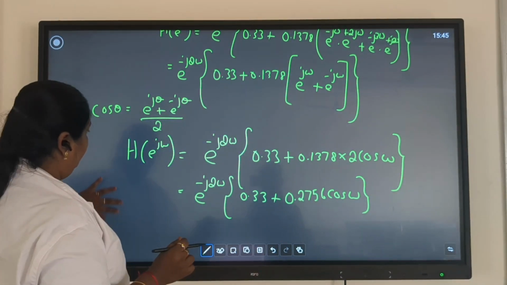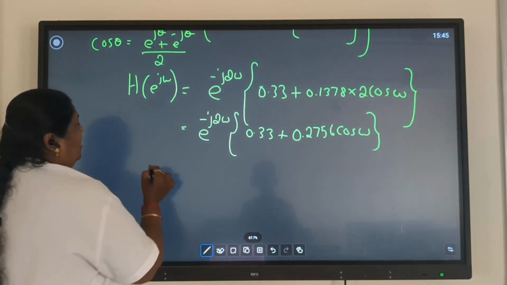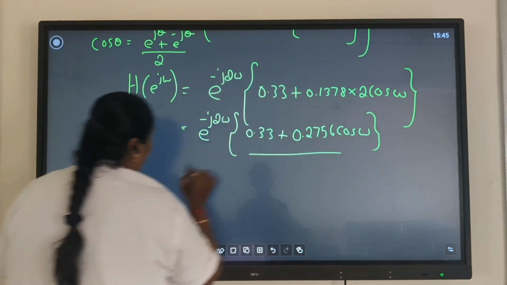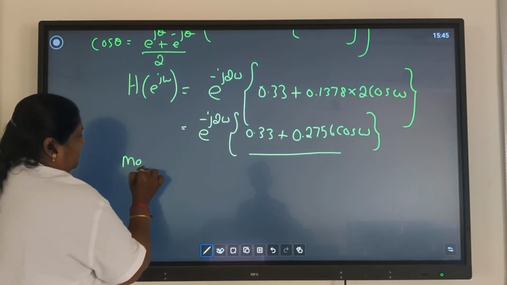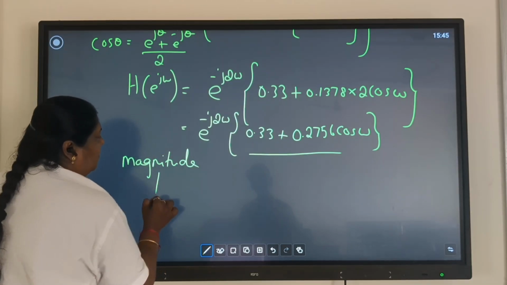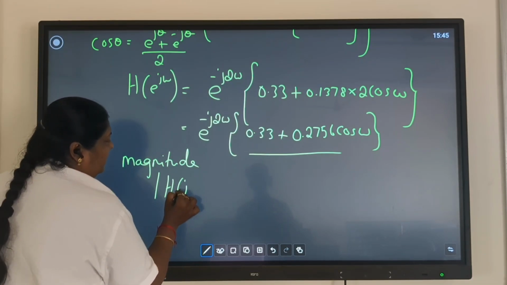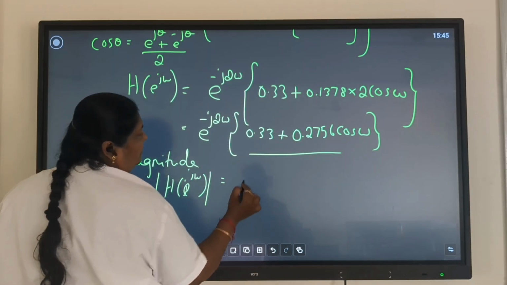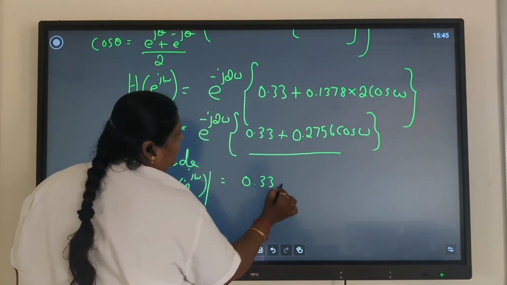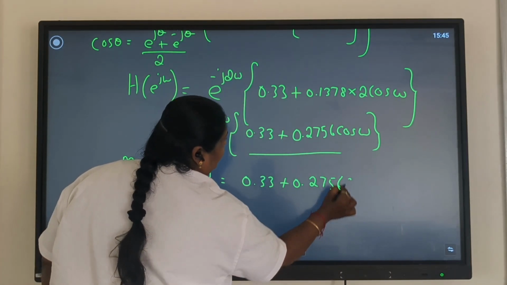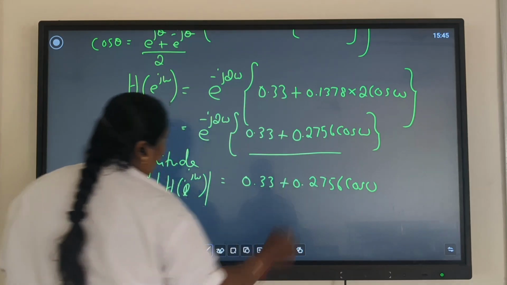Okay? So now, which is the magnitude? The term present inside this bracket is my magnitude. So magnitude mod H of e power j omega is equal to 0.33 plus 0.2756 cos omega.